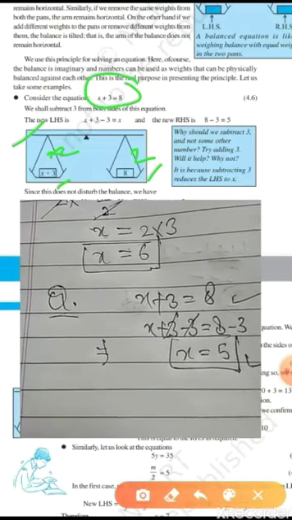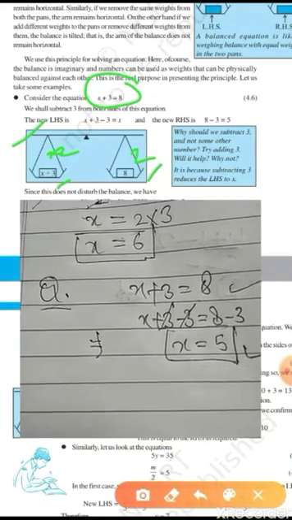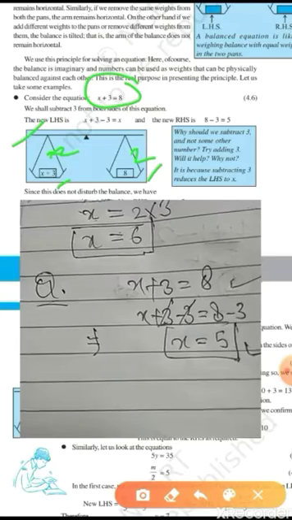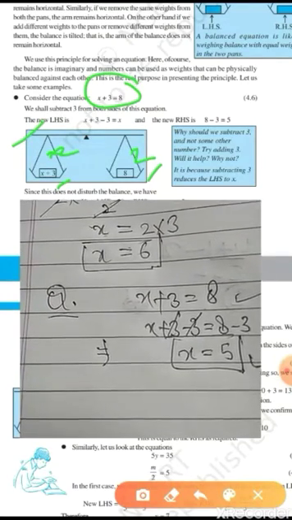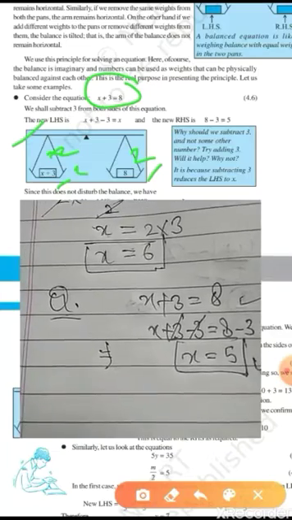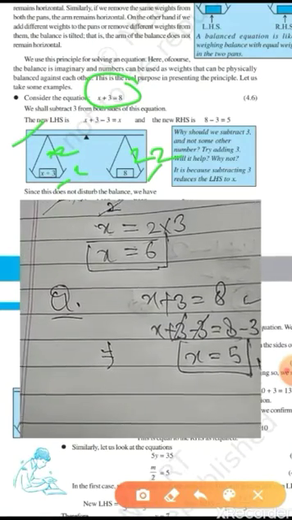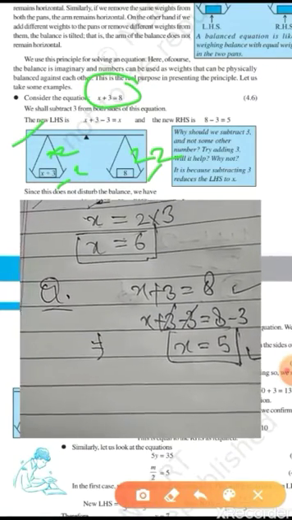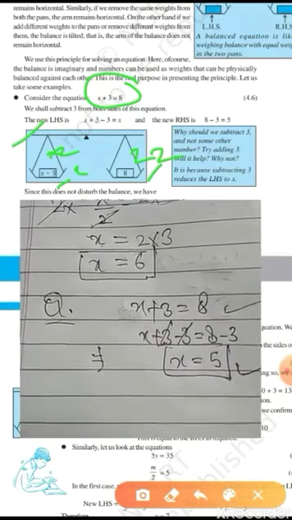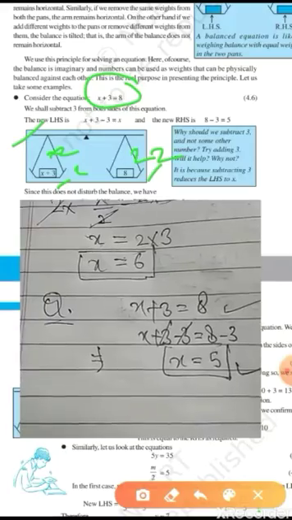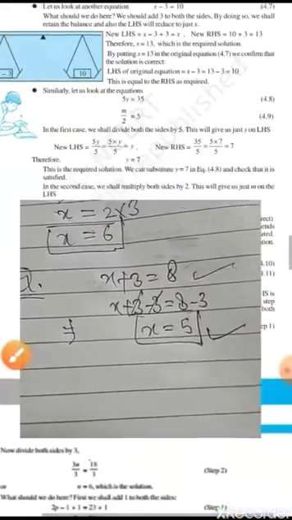So this weighing balance stays with equal weight on both sides. Okay, if you subtract 2 from here, you have to subtract 2 from here also. Okay, so keeping this in your mind while solving an equation. Okay, let's see another example.